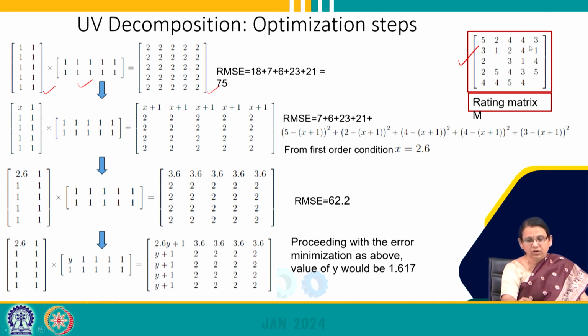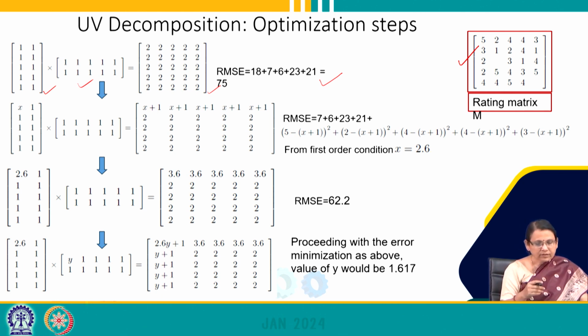If we subtract the values element wise, take the square and add them together, you get this root mean square error. From this root mean square error, our aim is to keep on reducing this error as much as possible.